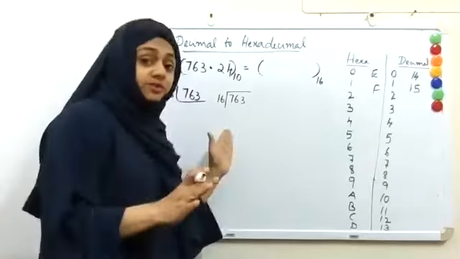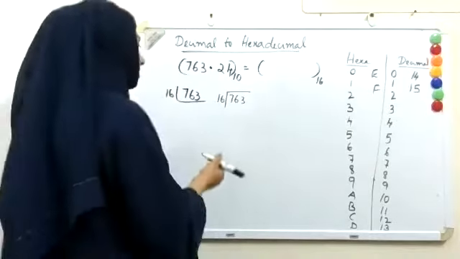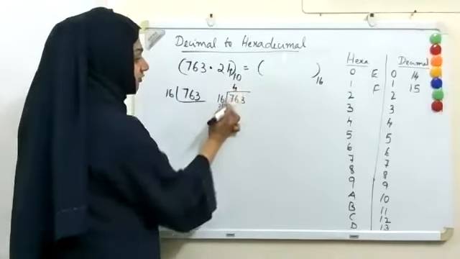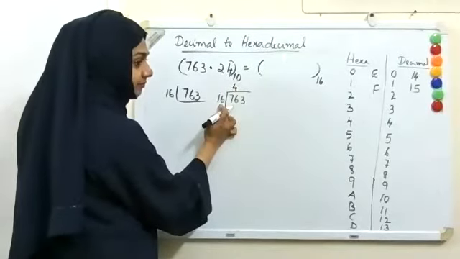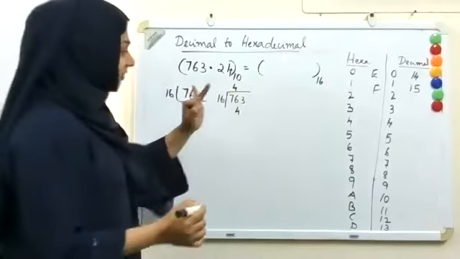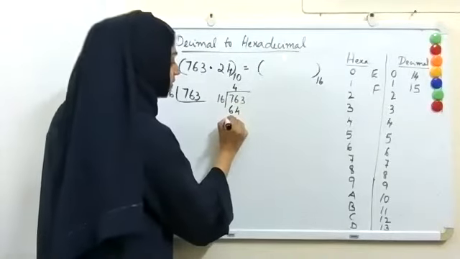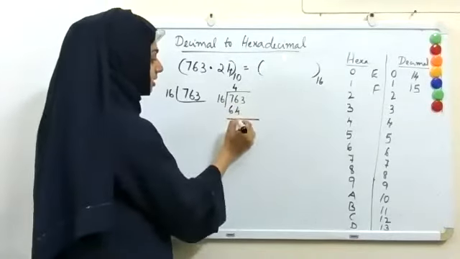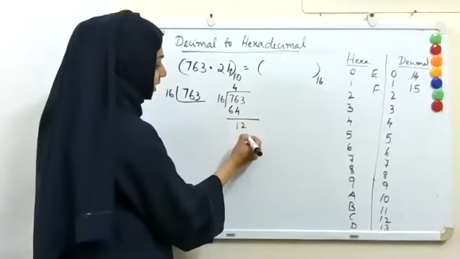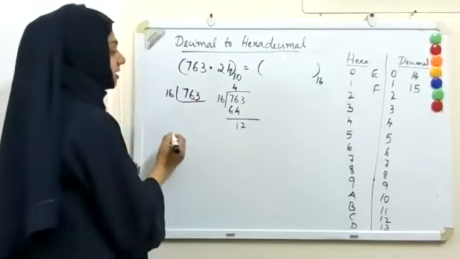So it should not be 5 times 16. It will be 4. So I'm just taking 4. So 16 4 times. So 4 6 are 64. 4 ones are 4, 5, 6. So you have 64. So this will be 2 and this will be 1. So 12 is the remainder.